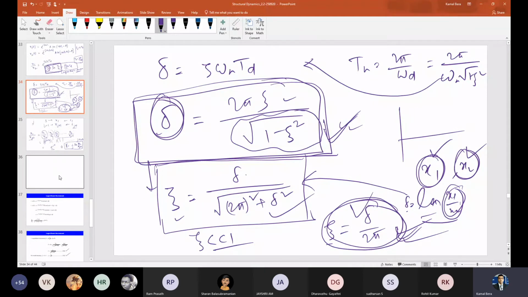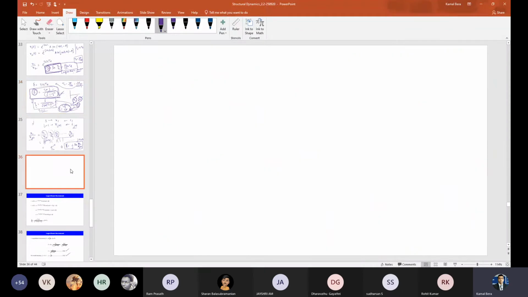Time is there, so I'll discuss one more thing, and then we'll solve one problem regarding this logarithmic decrement, which will make all the ideas much clearer.